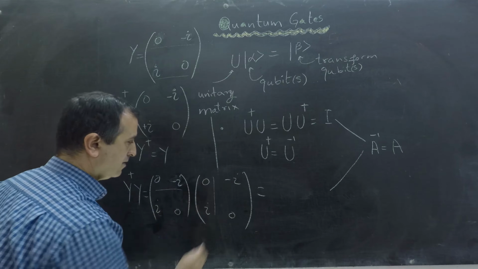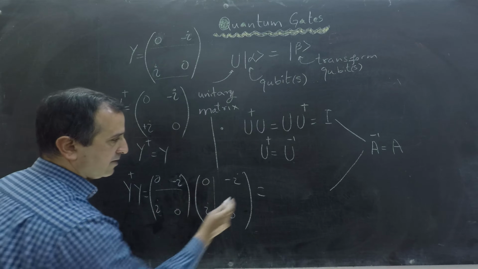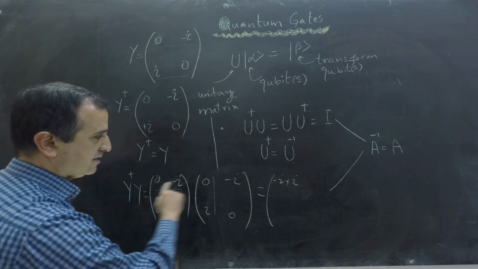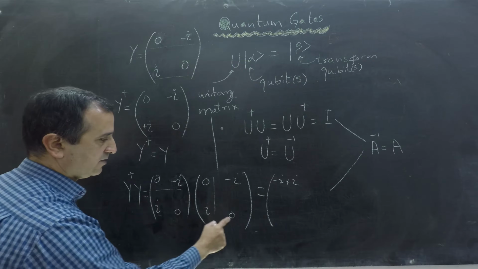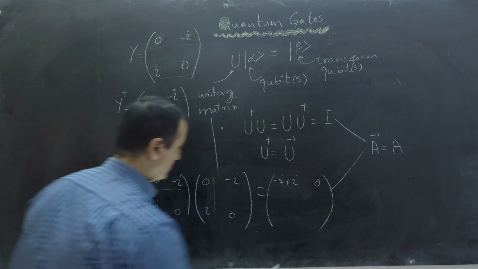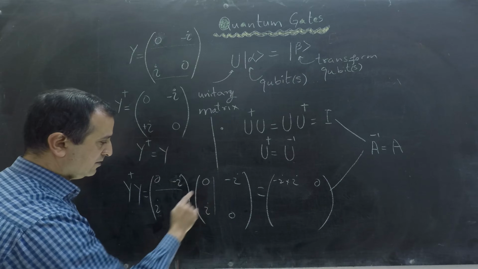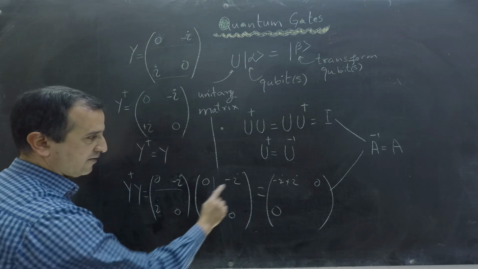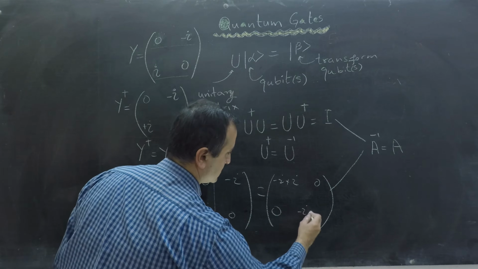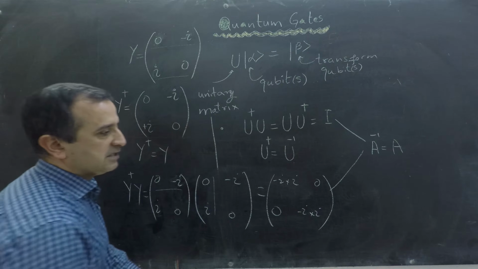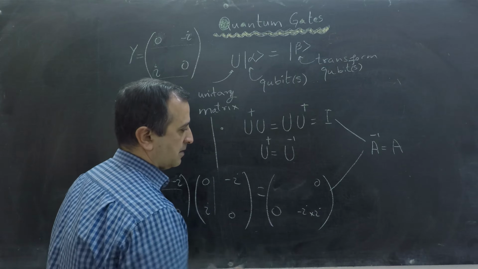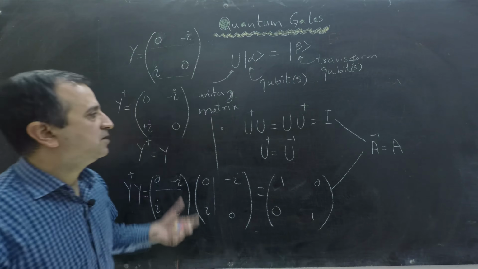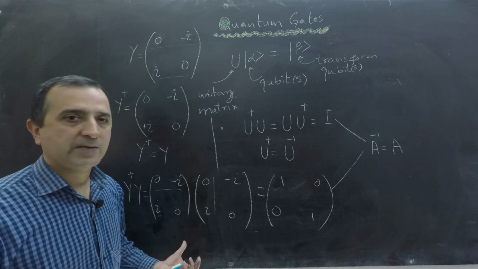This will be 0 times 0 plus minus iota times iota here, and then 0 times this, and then this will be 0. So I will have 0 here, and then here I will have 0 plus 0, so I will have 0 here. In the last case I will have once again minus iota times iota, and this simplifies to 1, and this simplifies to 1. So yes, this matrix is both Hermitian and unitary.